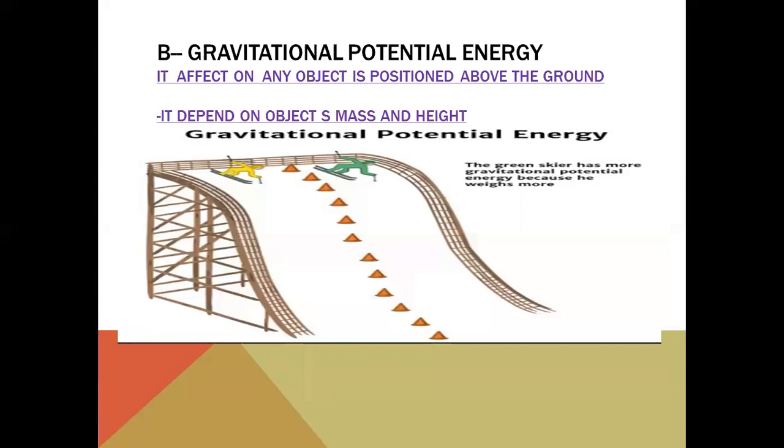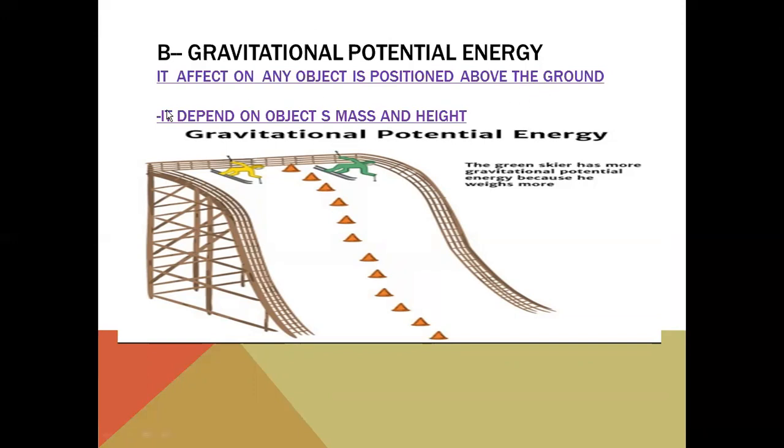The second kind is gravitational potential energy, a very important kind of energy. All things, all plants, and all animals on the earth have this kind of energy, because of the attraction found on the earth above the ground.